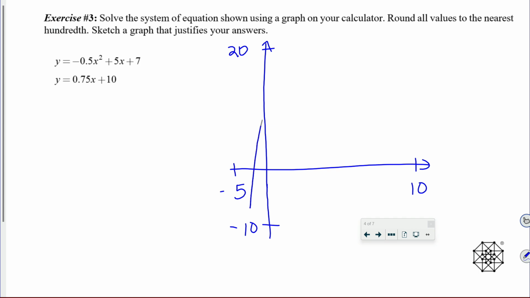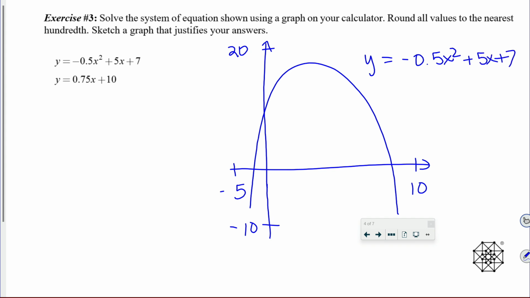I don't have to make my curve sketches perfect, all right? Here's my parabola, and I'll call that y equals -0.5x squared plus 5x plus 7. Label, label, label. We'll then have the linear curve kind of going like that, and that's y equals 0.75x plus 10.